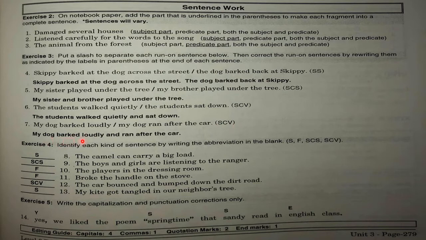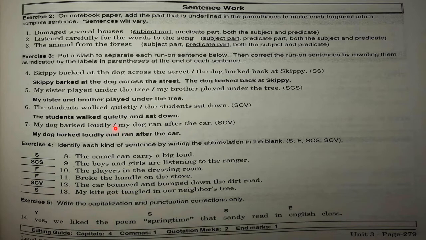My dog barked loudly and ran after the car. So barked loudly and ran after the car are the two verbs, with their adverb. I'm going to put them together and put "and" between them in order to make a compound verb. I'm going to start it with a capital letter and end it with an end mark. This is how I fix my run-on sentence.